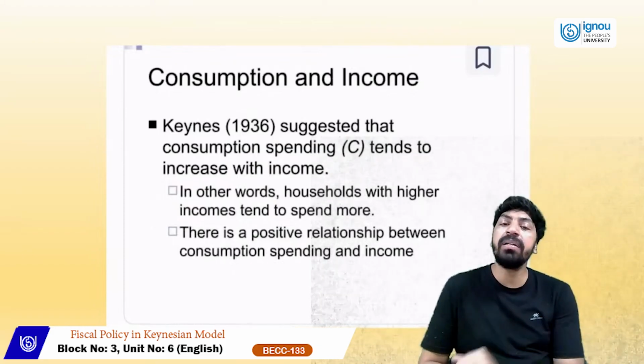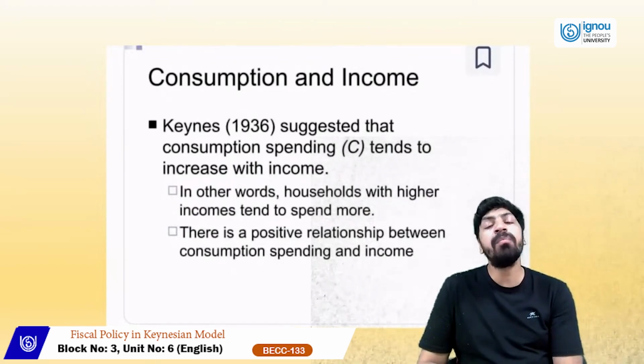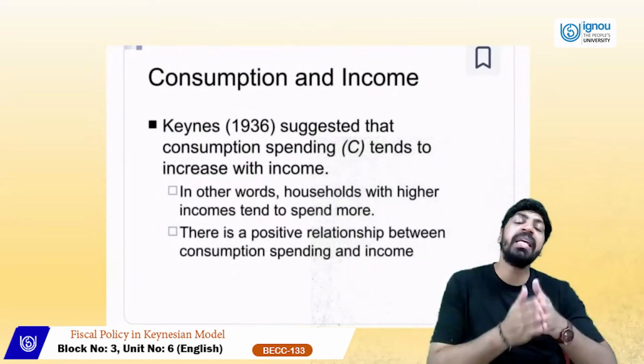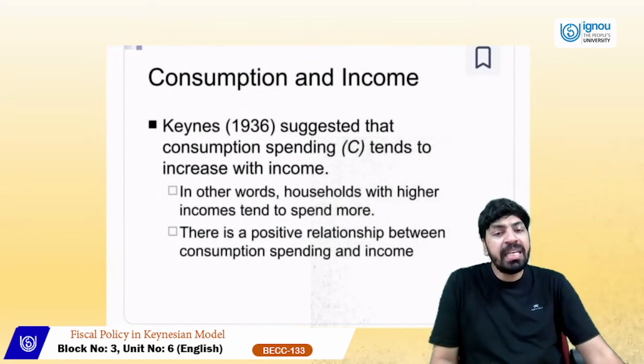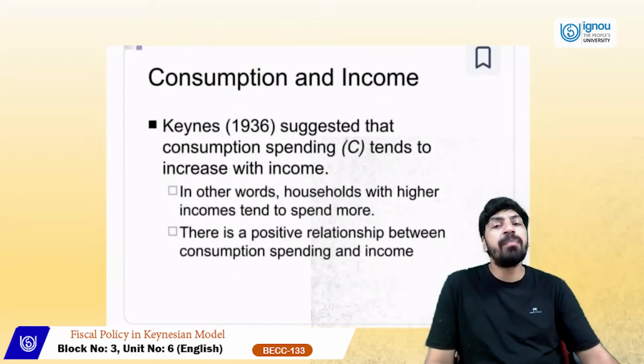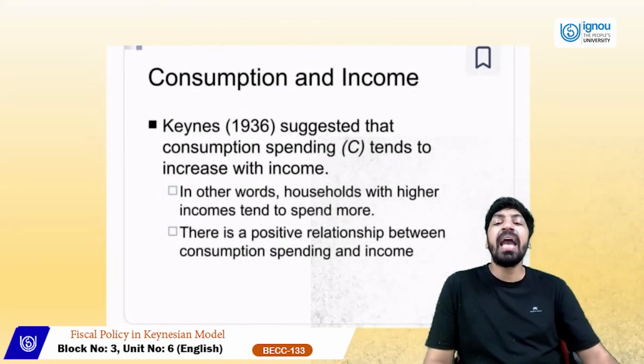So when households have a higher income, definitely they will spend more and more on buying goods and services from the producer. So ultimately, according to Keynes, there is a positive relationship between consumption and income, or in other words, consumption spending and income.